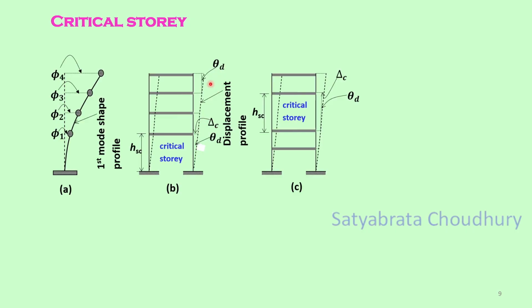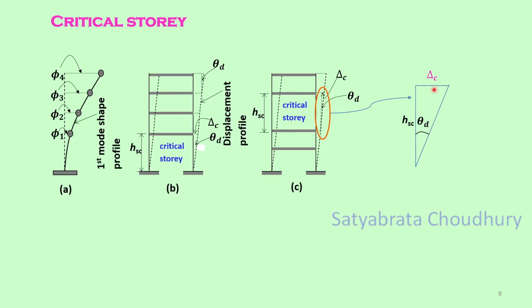And the shape coefficients are phi 1, phi 2, phi 3, etc. for different floors. Let us take a bigger figure of this part to understand further. This floor is moved by a certain displacement, the other floor is moved by more displacement, and the differential displacement is delta C, what is shown here.